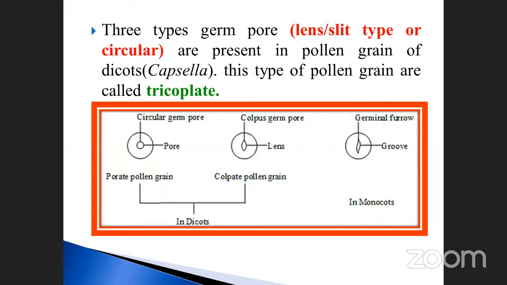Because here are lens-shaped, slit-type, and circular-type pores. They are given in the diagrammatic representations below.